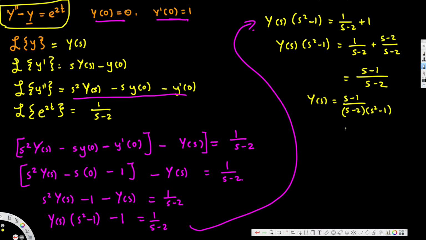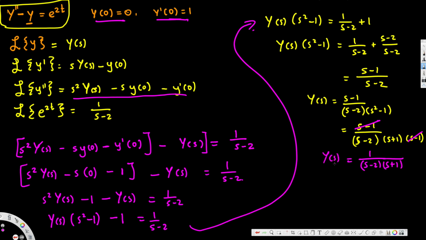S square minus 1 can be written as s plus 1 times s minus 1. Here we can cancel these two terms, s minus 1 and s minus 1, so we end up with 1 over s minus 2 times s plus 1. Now we have this one.